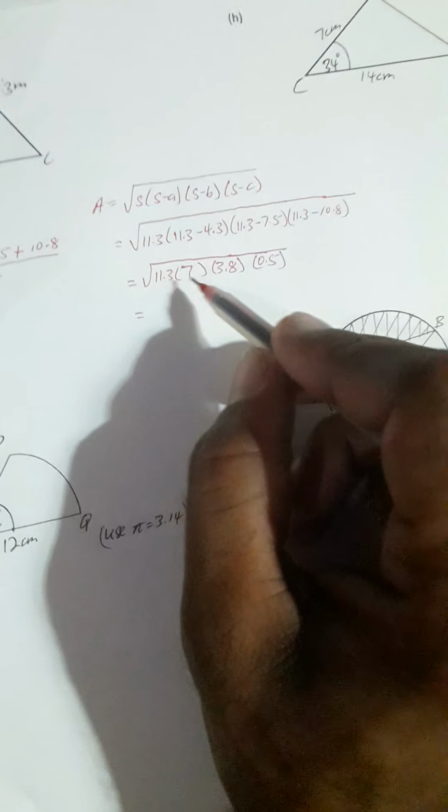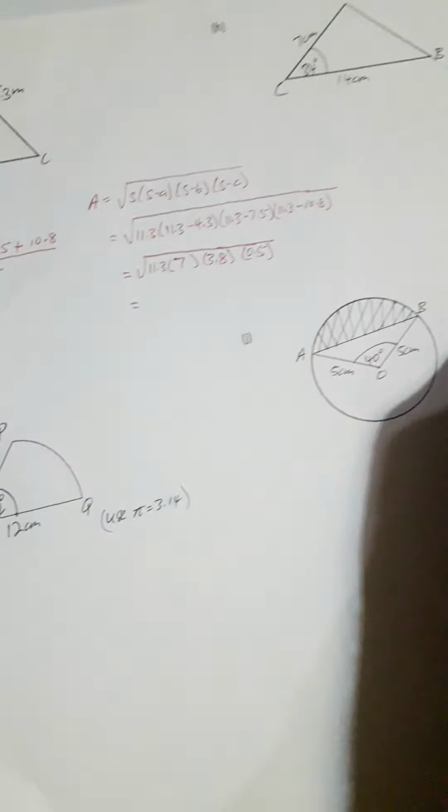Okay, the brackets mean to multiply, so we'll multiply all four numbers.